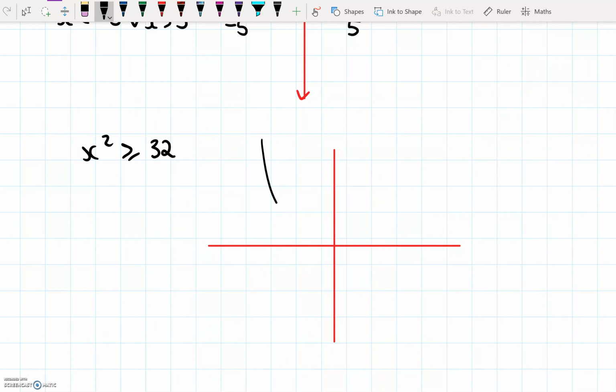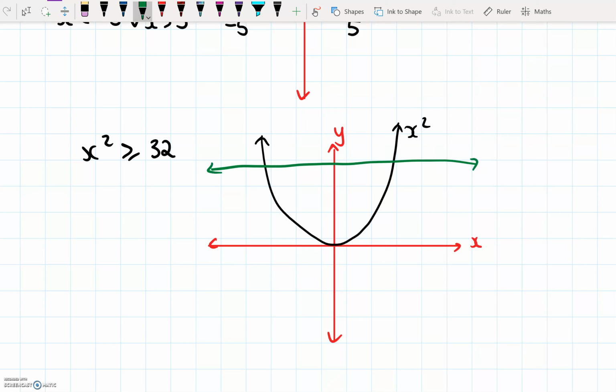We have a parabola of x squared, and a line of y equals 32. Actually, let's make it less than to make it more interesting. We want to know where this parabola is less than 32.